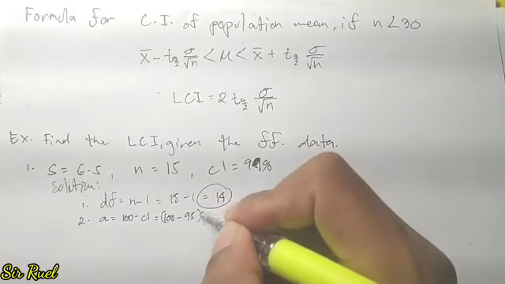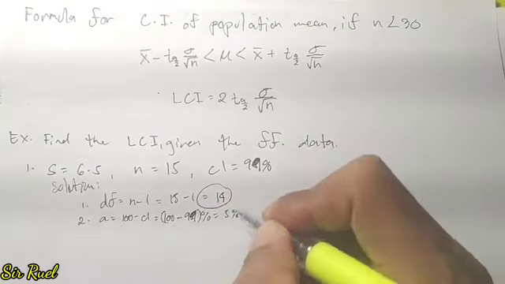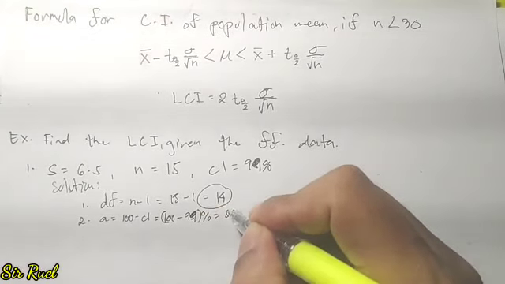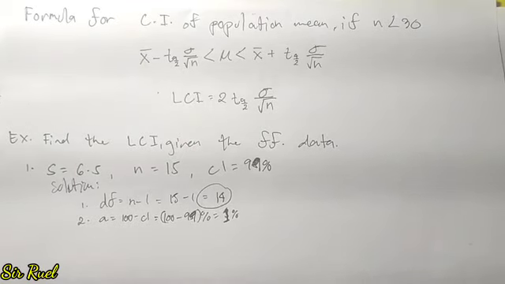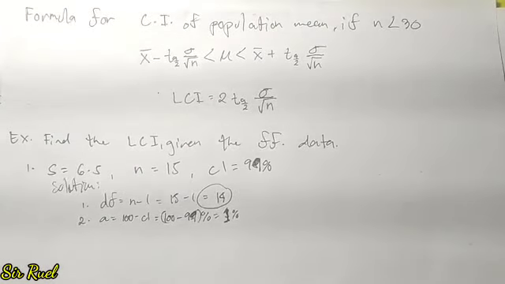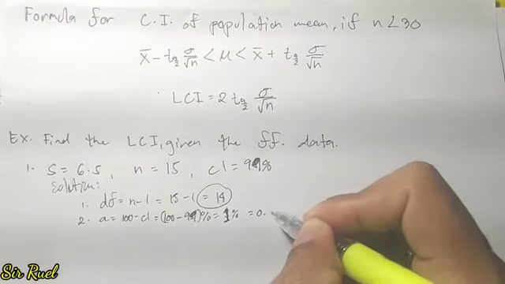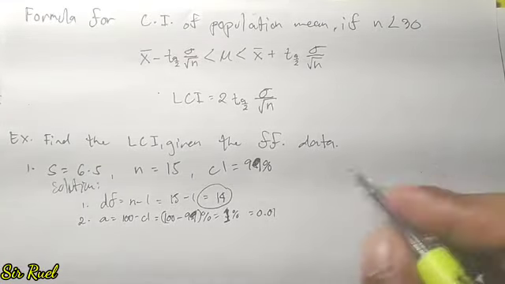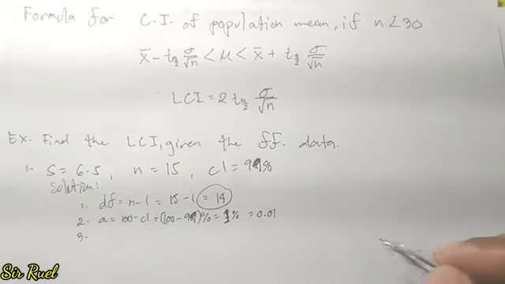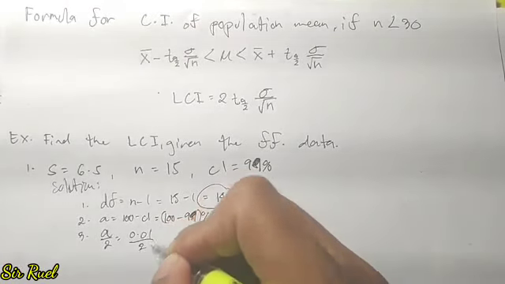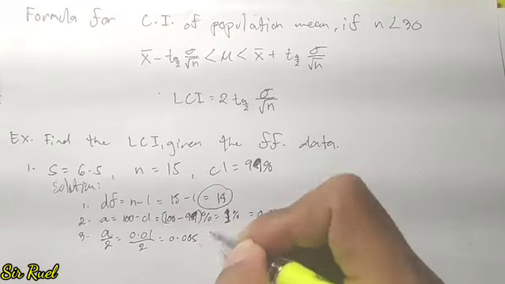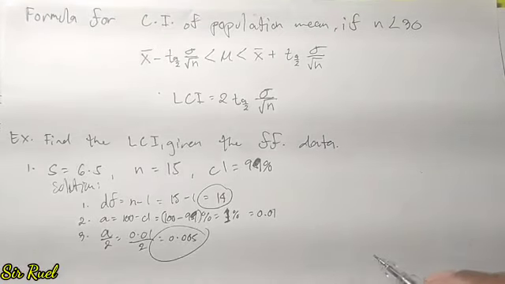So 99 pala dapat. Okay, so 99%. 100 minus 99 is 1%. So 99 yung given, hindi 95. Meron tayong 1% or 0.01 in decimal form. At dahil 2 tails yung hinahanap natin, i-divide natin by 2. 0.01 divided by 2 is 0.005. So, eto na yung alpha level natin.